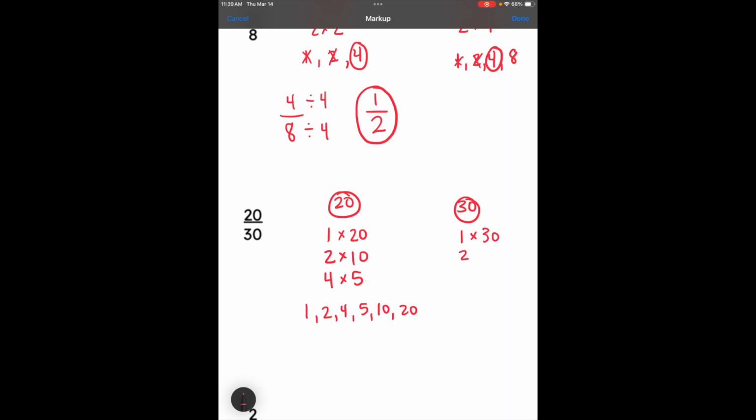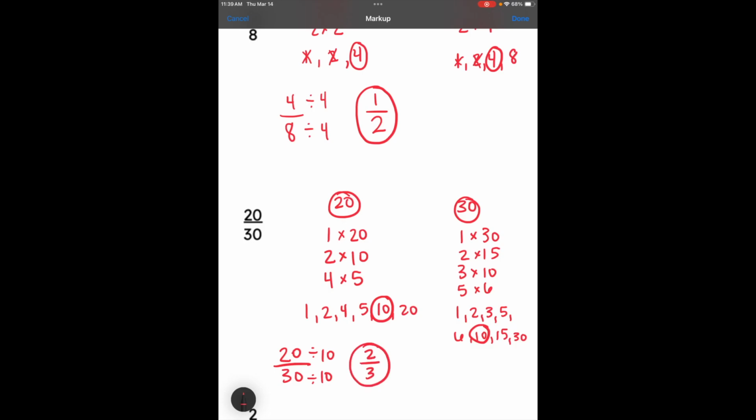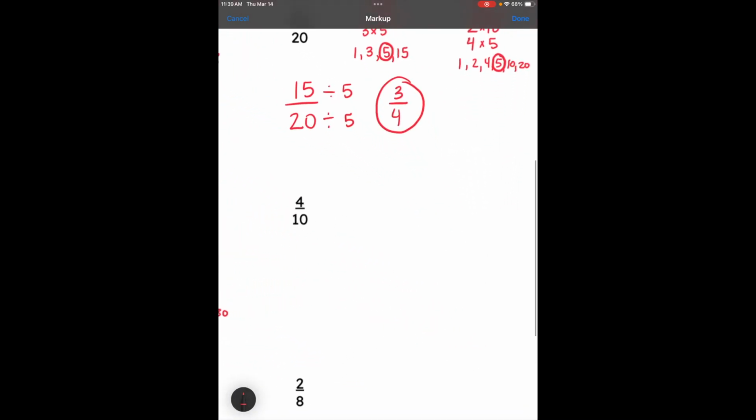Then if I factor out 30, so 1, 2, 3, 5, 6, 10, 15, 30. I'm noticing that I see 10 and 10 on both sides. So when I divide both the numerator and the denominator by that greatest common factor, I get 2/3.